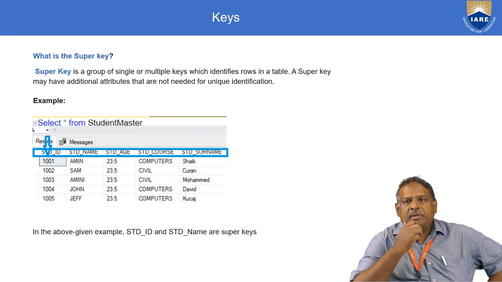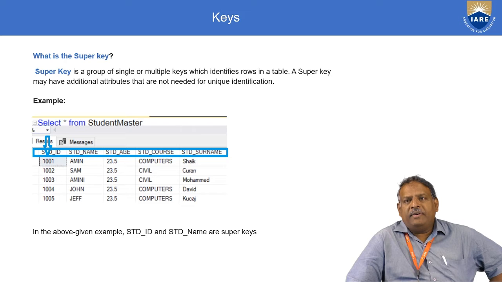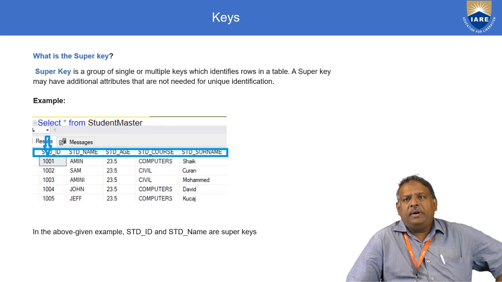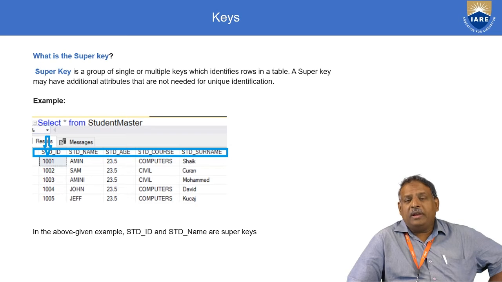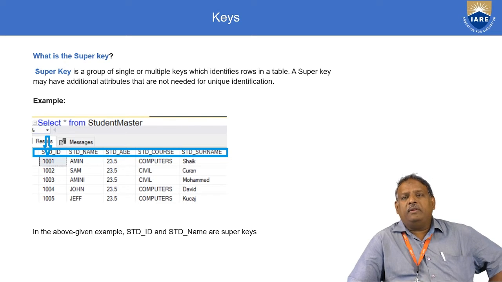Now first see what is a super key. A super key is a group of single or multiple keys which identifies rows in a table. A super key may have additional attributes that are not needed for unique identification.